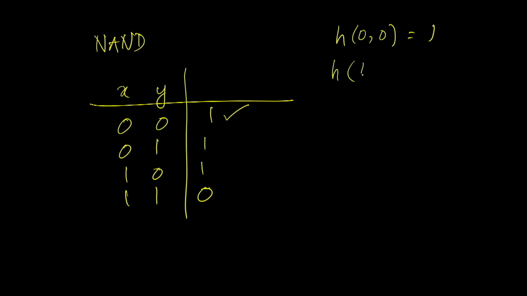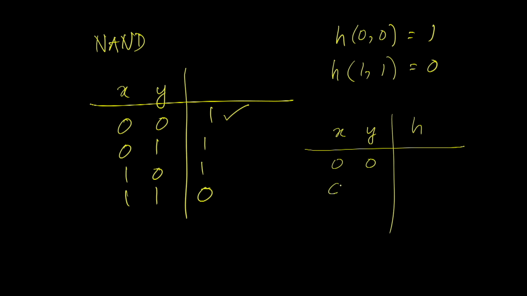Similarly, we can also argue that h of 1, 1 has to be 0. That is, when both the inputs are 1, the output has to be 0, otherwise we will not be able to produce, for example, the OR function, which produces a 1 when both the inputs are 1. Therefore, if you visualize the truth table of h, you find that it should be of this form.